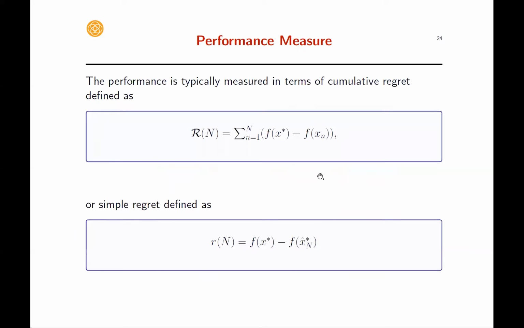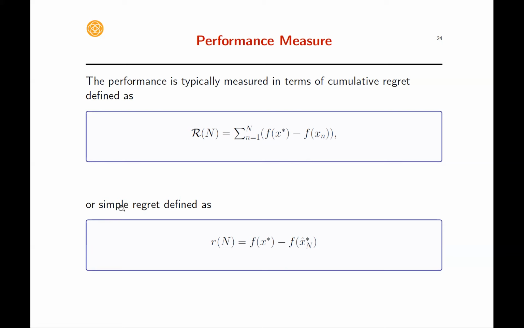The performance is typically measured in terms of cumulative regret, coming from reinforcement learning literature. That is the total loss in the function values at the observation points compared to the optimum point, compared to the maximum point.